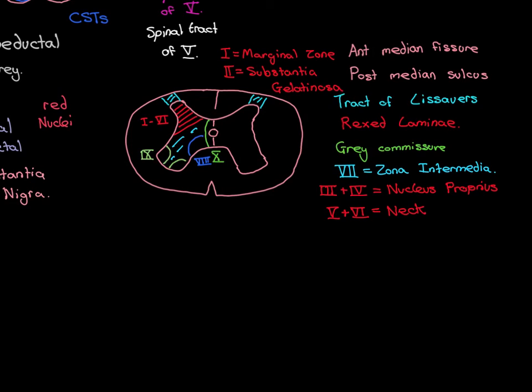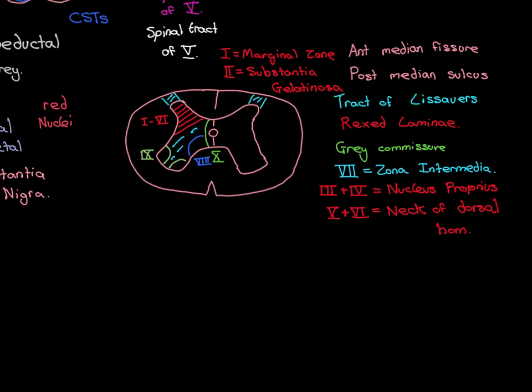So, neck of dorsal horn. Right, so there we go. Those are other names for the 10 Rexed laminae. So that is how we divide grey matter up throughout the spinal cord, not just in the cervical region. And the bit that we are really interested in is this substantia gelatinosa, Rexed lamina number 2.